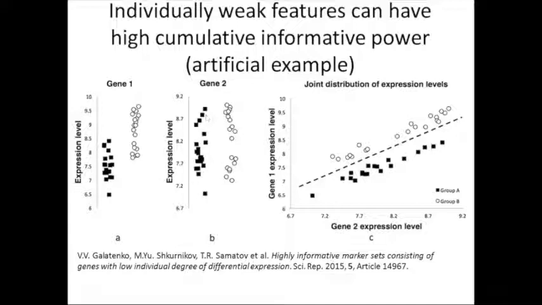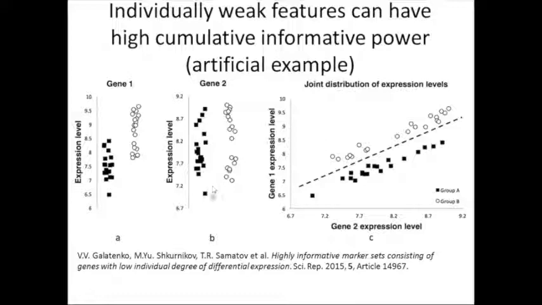The second gene has a very low level of differential expression, so its expression is almost the same in the black class and in the white class. Yet, if we combine these genes, if we consider each sample as a point in a two-dimensional space generated by expression levels of the first and the second genes, we'll get a perfect linear separability of classes, so perfect classification will become possible.